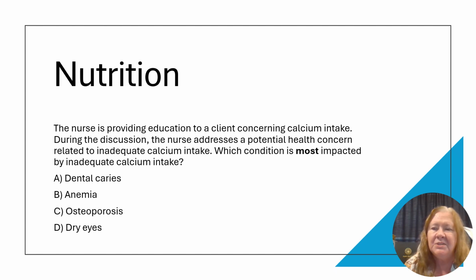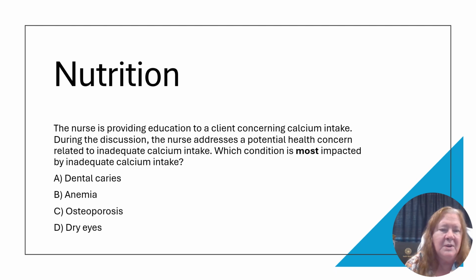Factors contributing to the development of osteoporosis are chronically insufficient calcium intake, decreased estrogen, heredity factors, smoking, race, and decreased physical activity. With a decrease in estrogen, that's going to be women who have gone through menopause. Letter A, if you're not sure what dental caries is, those are cavities. Dental caries are cavities.